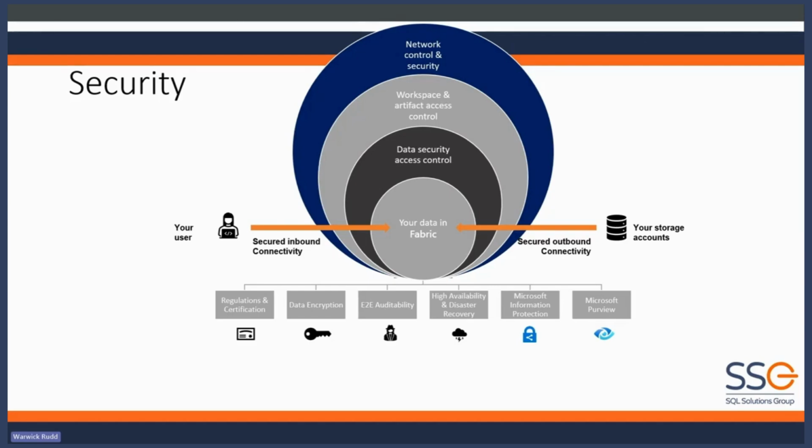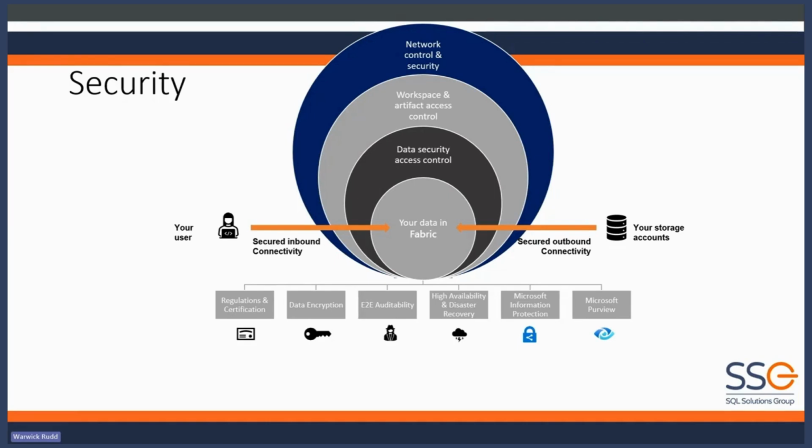Okay, so our network control and security on that outer layer. And this is where we have the Entra conditional access and the private links on when you're signing up. What do you get access to? So that's our first layer of it.